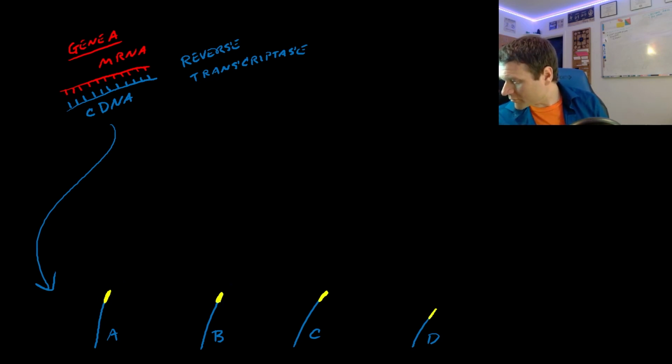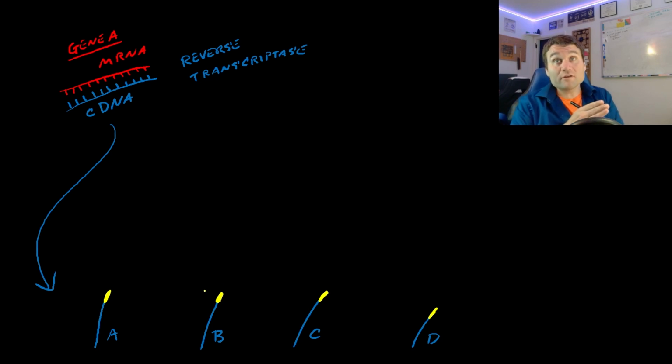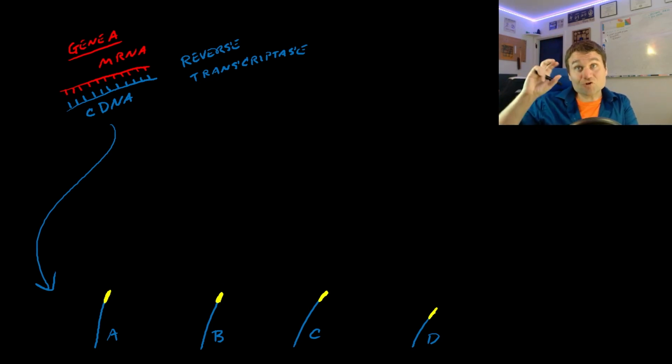This will show up under a black light. It'll glow under a black light. So, I can do this for every single gene inside that genome. I can make a short section of DNA that will match up with the mRNA, and the mRNA will only show up in the cells where that DNA is being used.